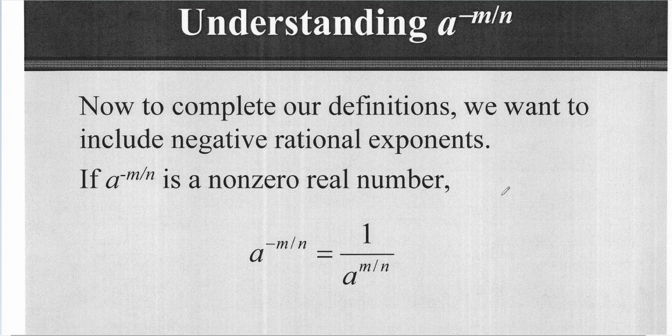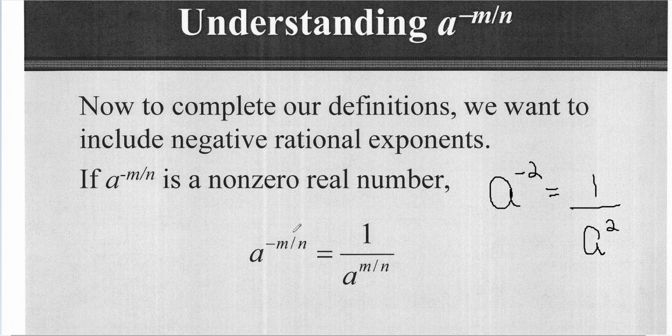So that's similar to when we had a to the negative 2, for example. This equals 1 over a to the positive 2. So that's what this is implying as well, only we have rational exponents.